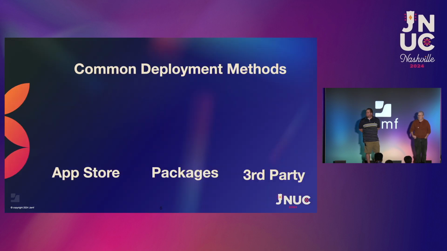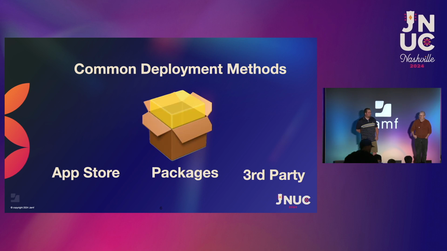So, some common deployment methods, obviously packages are number one. And back when the App Store was introduced, we thought that was going to be our saving grace and every single Mac application was going to be in the App Store. But we know all too well that very common applications, I'll name just a couple: Google Chrome, Microsoft Edge, Microsoft Teams, Zoom, Slack.